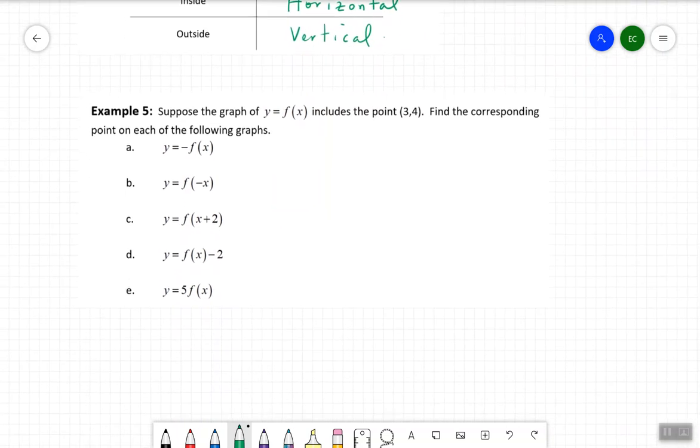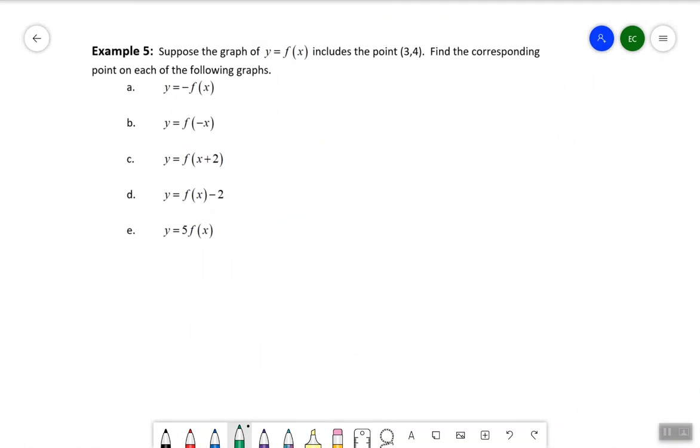Let's do one more problem and then we'll be done. Suppose the graph of f of x includes the point at 3, 4. Find the corresponding point on each of the following graphs. It might be nice if we just sketch the point at 3, 4 to help us to visualize what's going to happen. So there's the point at 3, 4.